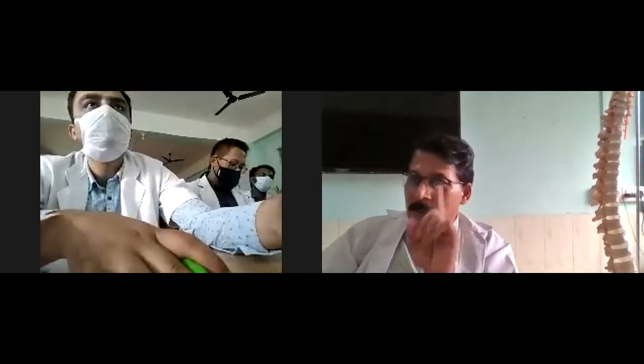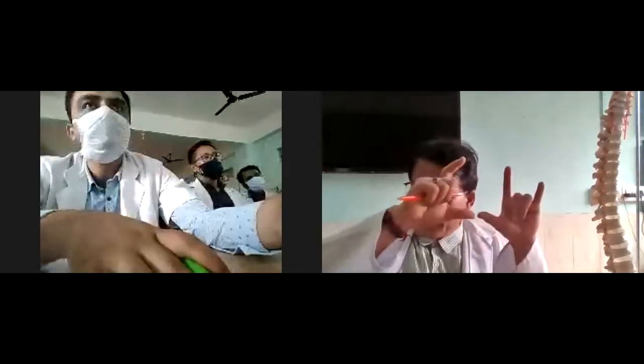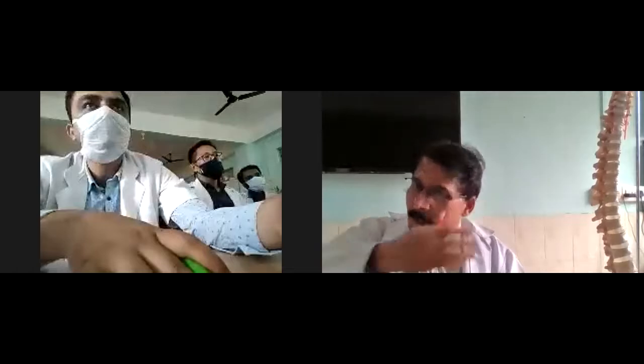One thing you are supposed to understand is that when a person has a cervical spine injury, there is a possibility of injury to another part also. That is why non-contiguous injury is seen in around 20-25% of cases. So you always keep an open mind: if I am getting a spine injury in the cervical area, the rest is not necessarily fine. The combination of injuries will be there in 20 to 25%.